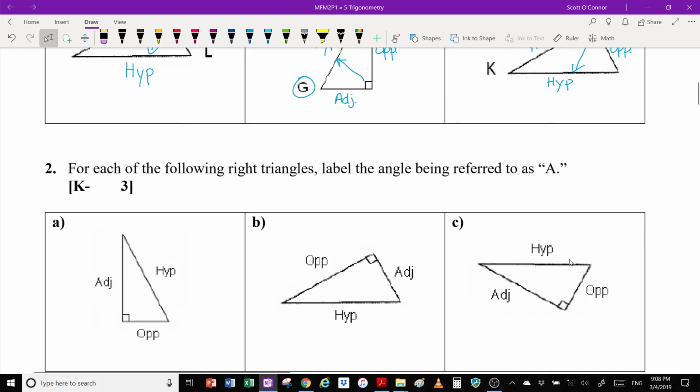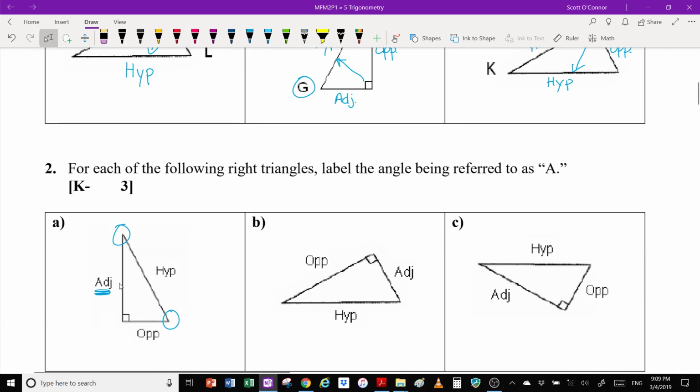It says, for each of the following right triangles, label the angle being referred to as A. So if I look here at question 2A, I need to identify either this angle or this angle as angle A. And how I can determine which one is angle A is by looking at how the sides have been labeled. So this says adjacent here.